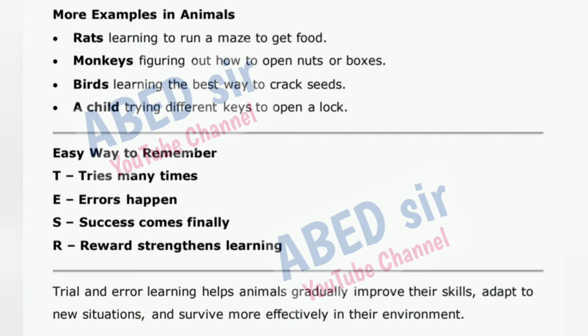More examples in animals. Rats learning to run a maze to get food. Monkeys figuring out how to open nuts or boxes. Birds learning the best way to crack seeds. A child trying different keys to open a lock. Easy way to remember: T, tries many times.